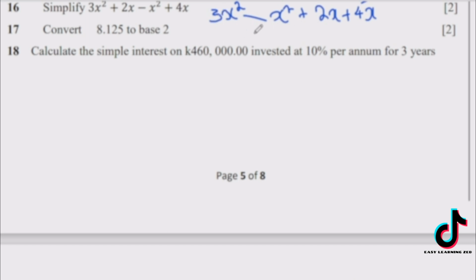So we're going to write 2x squared. Then we evaluate this: 2x plus 4x will give us 6x. So for question 16, the correct answer is 2x squared plus 6x.